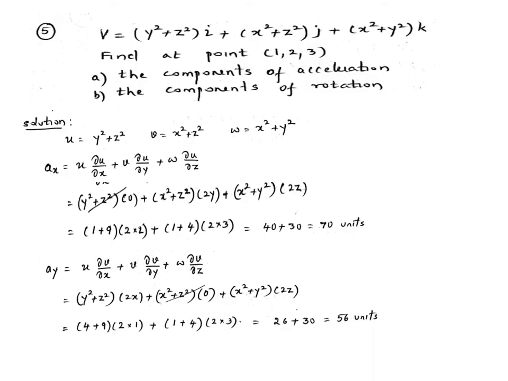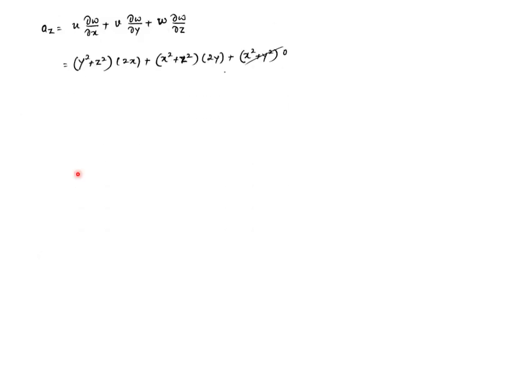Similarly, acceleration in the z direction will be u ∂w/∂x + v ∂w/∂y + w ∂w/∂z. Take u and substitute, which is y² + z². Take w and differentiate with respect to x, so you will get 2x. Substitute the value of v as x² + y².